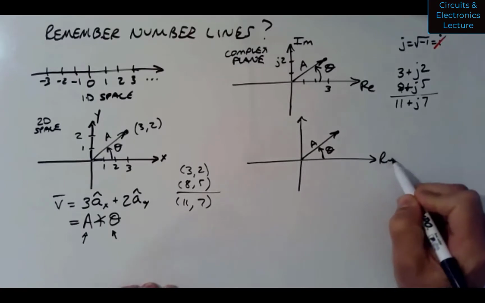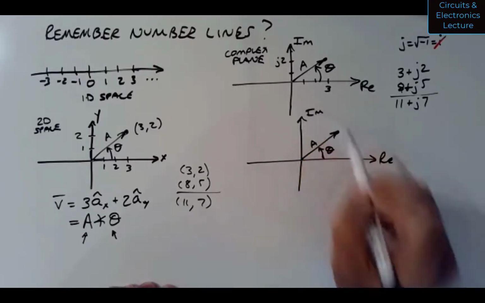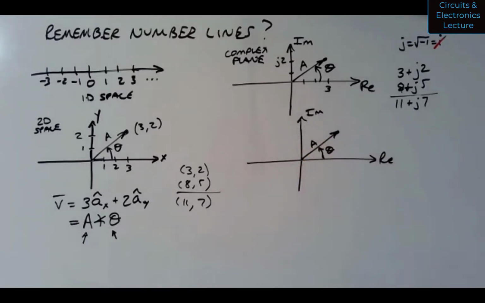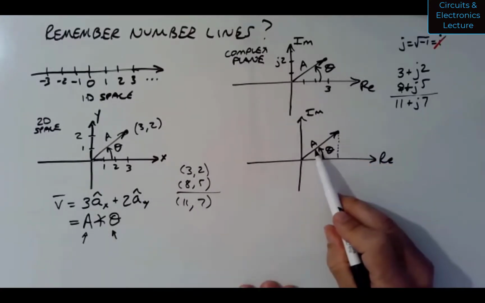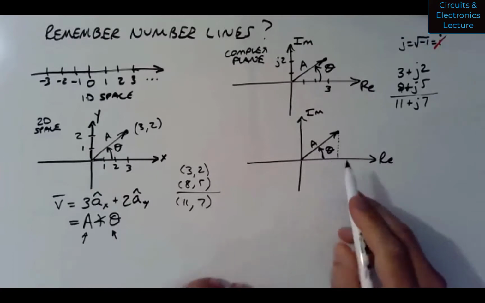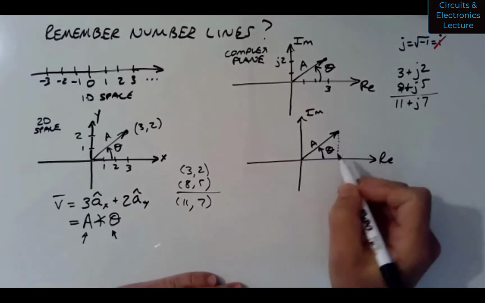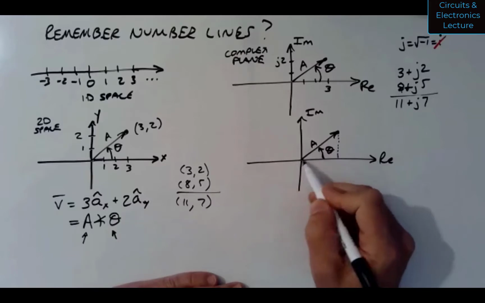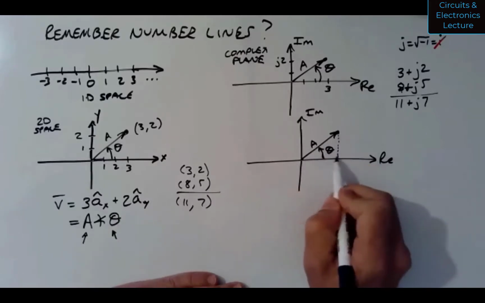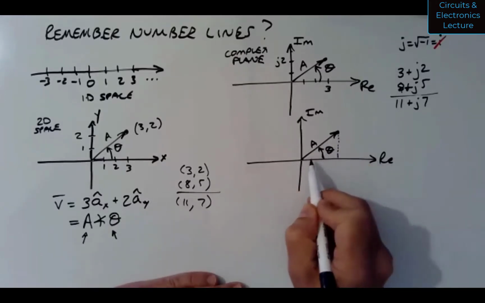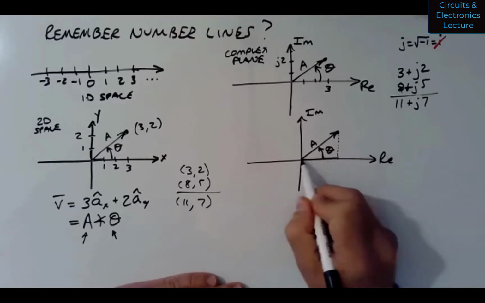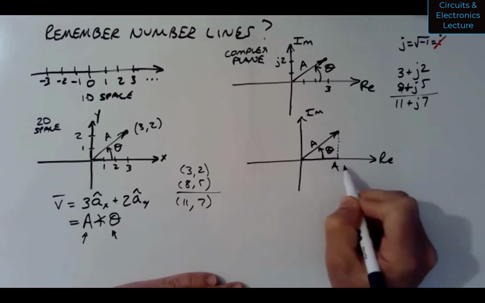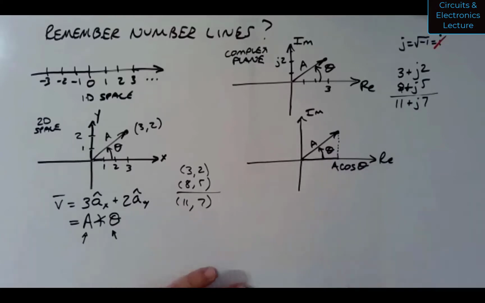This is the real axis, this is the imaginary axis. Well, given any point, if I have A and theta up from the real axis, I can do the trig on that triangle. And let's see, A, the hypotenuse, times cosine of that angle gives me the leg along the real axis. It gives me this leg right here, the length of that, which is A cos theta. All right, just trig.